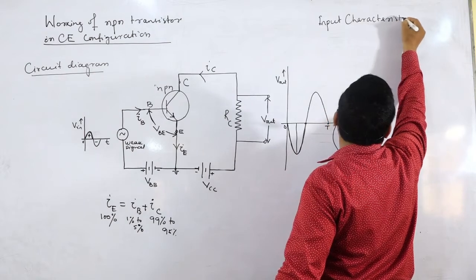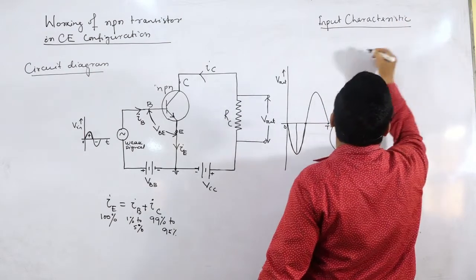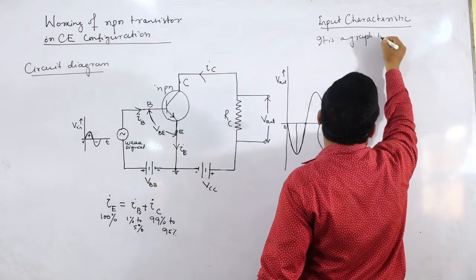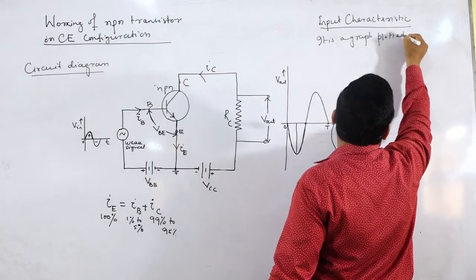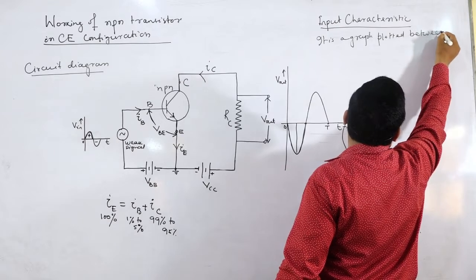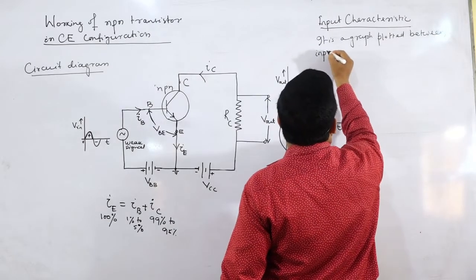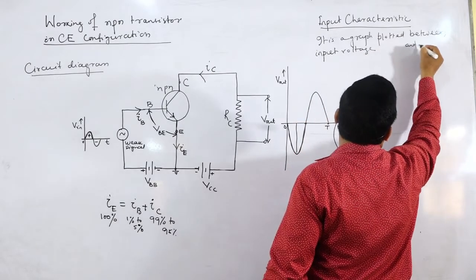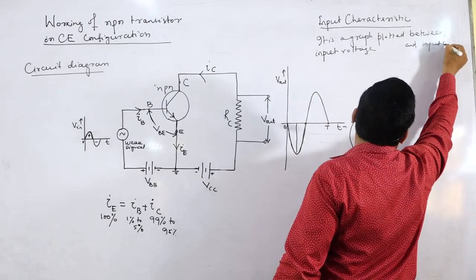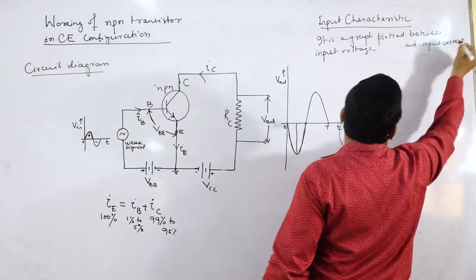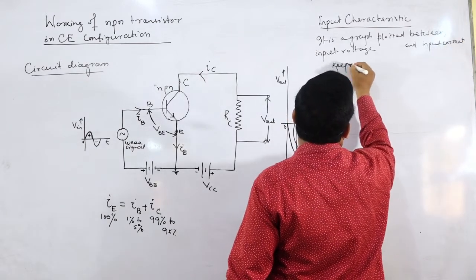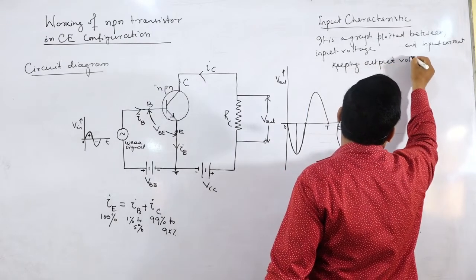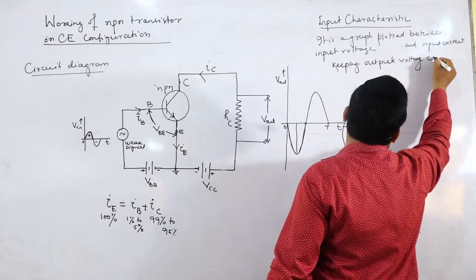The input characteristic is a graph plotted between input voltage and input current, keeping output voltage constant.